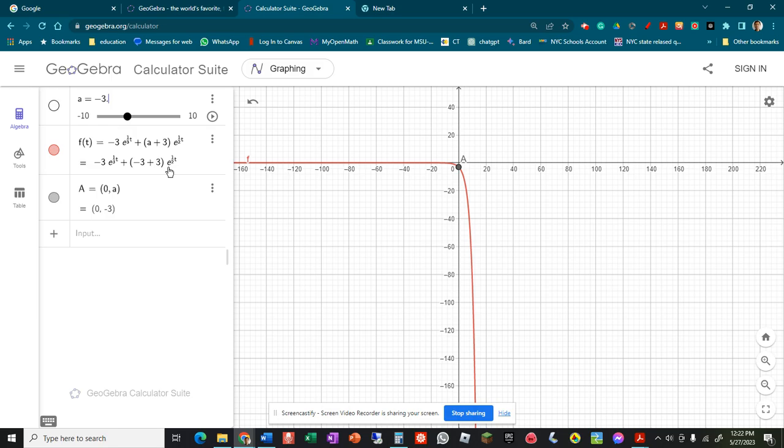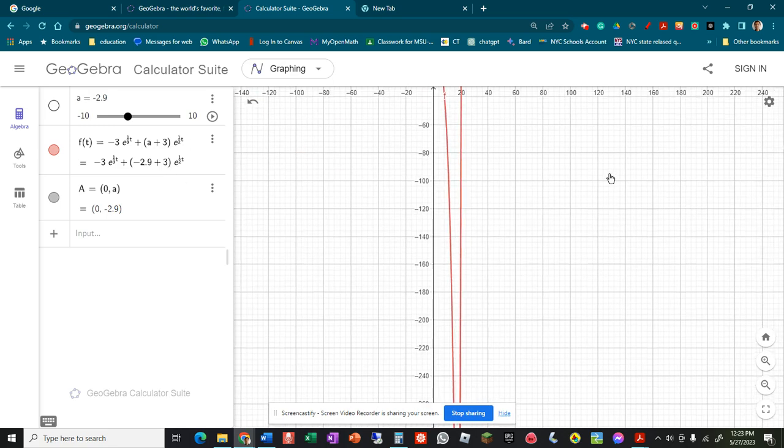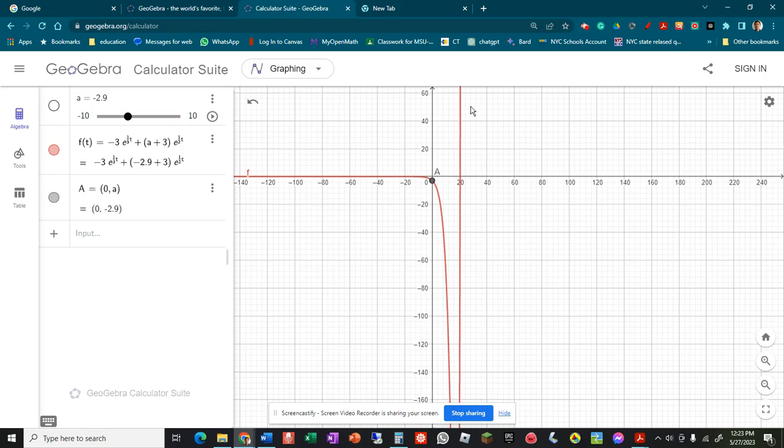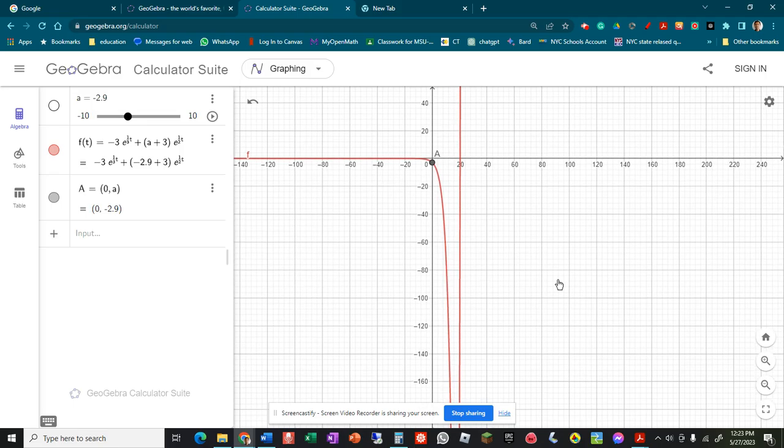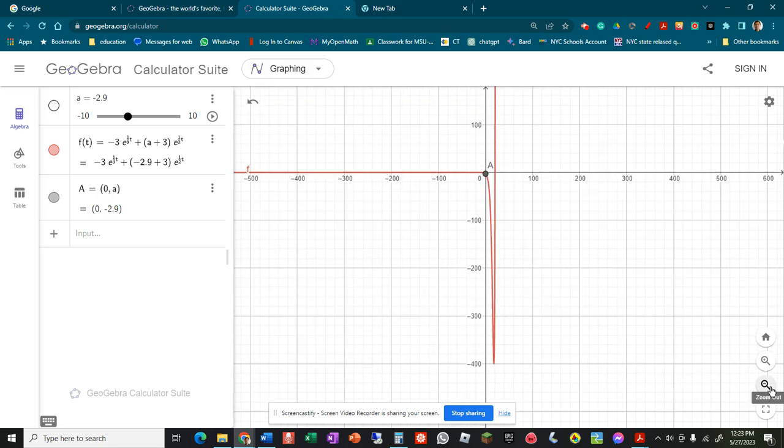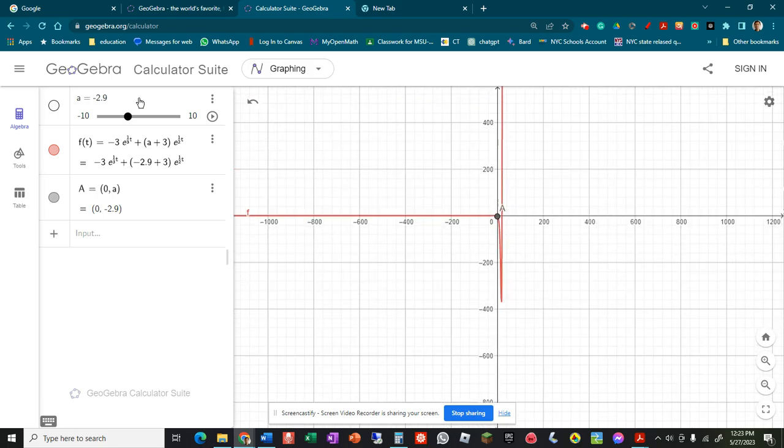Let's try an example. Let's do -2.9. Oh yeah, I think it's -3, because even at -2.9 I get a different type of graph. You can go and see how it looks. Yes, it is actually -3. How about -2.99?